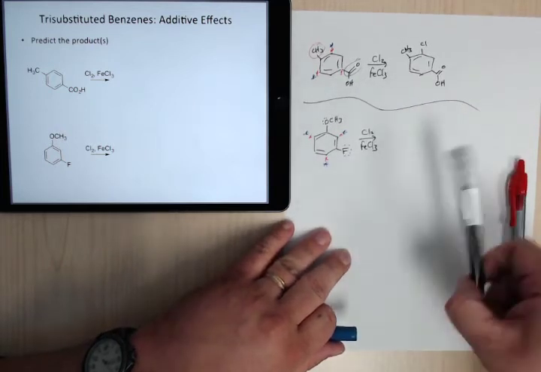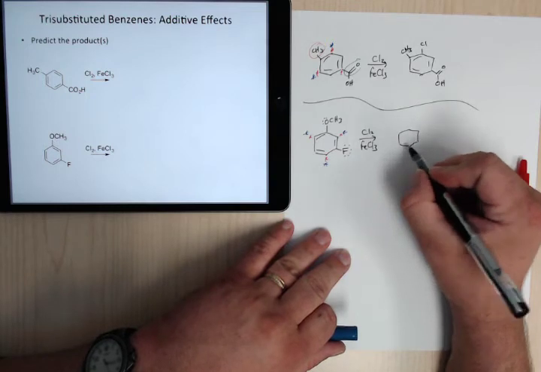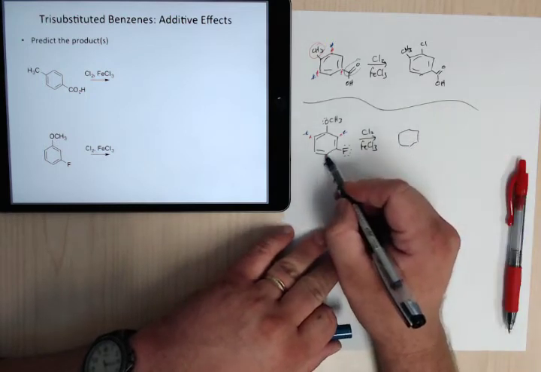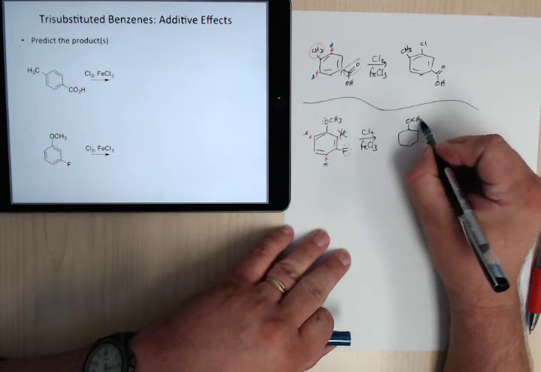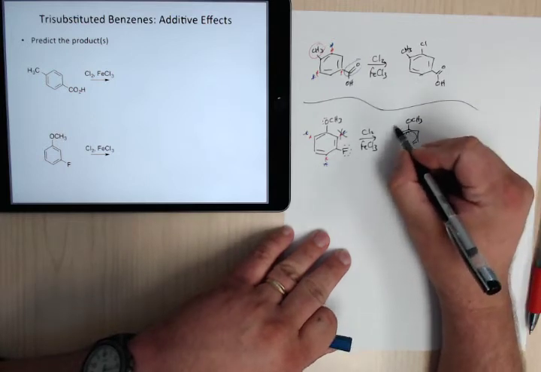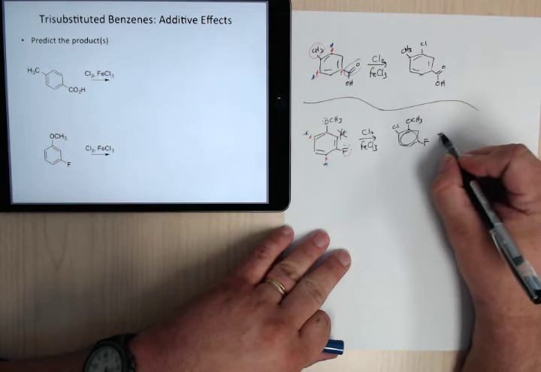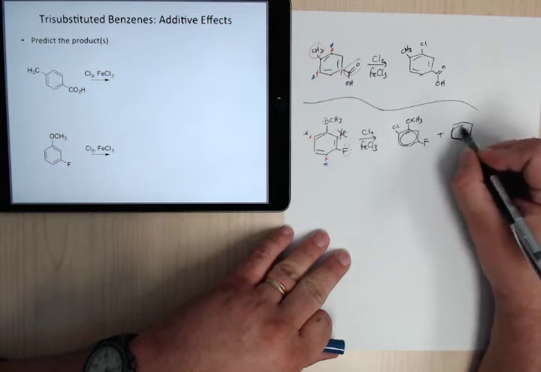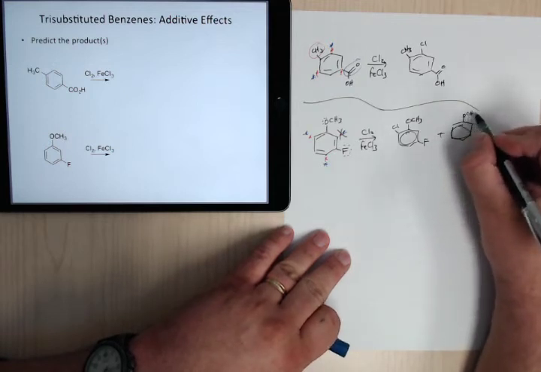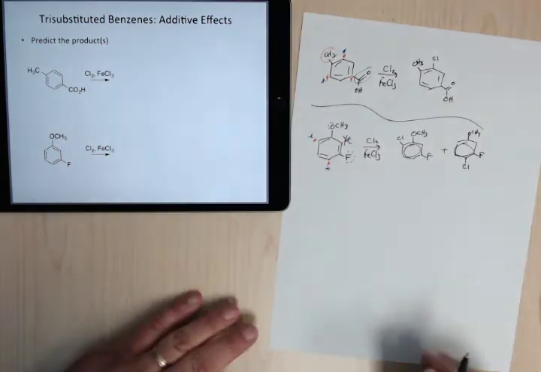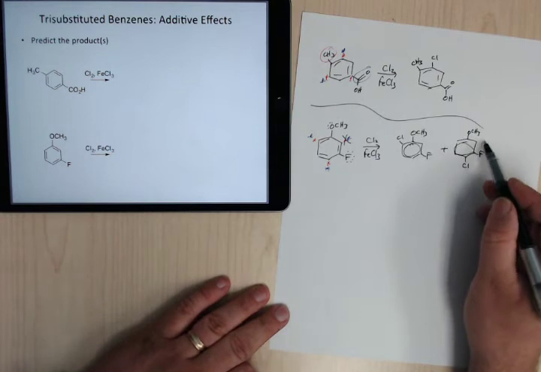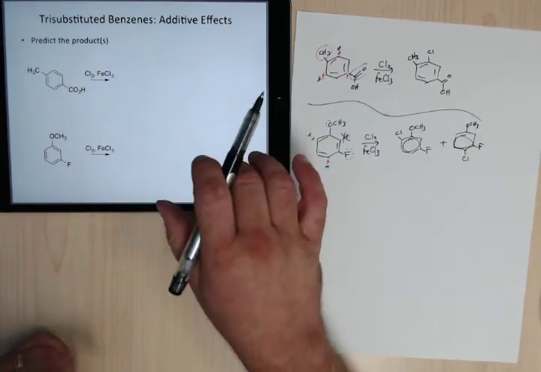We can go here, we can go here, but we can't go there because it's too much steric bulk. So OCH3, you're going to put the chlorine there, F there, CH3. So you get that one, but you're not going to get the chlorine there.